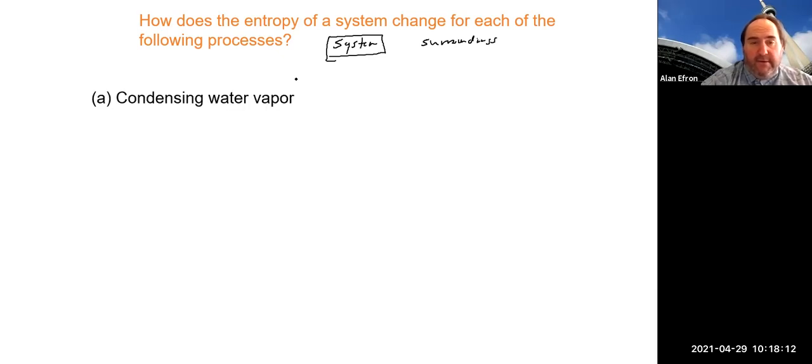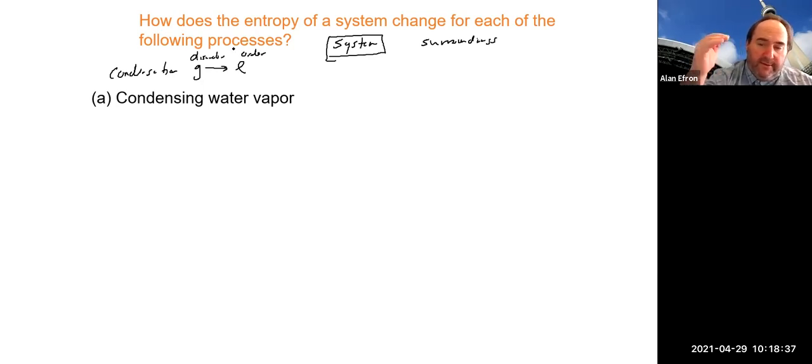So if we think about condensing water vapor, when we go through condensing, that means condensation. That means going from gas back to liquid. So again, we are going from a place of more disorder to a place of more order.